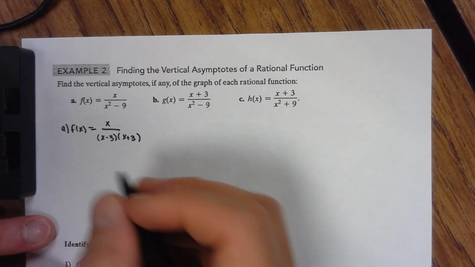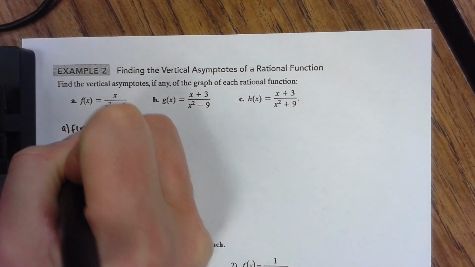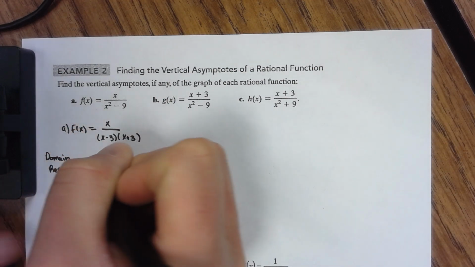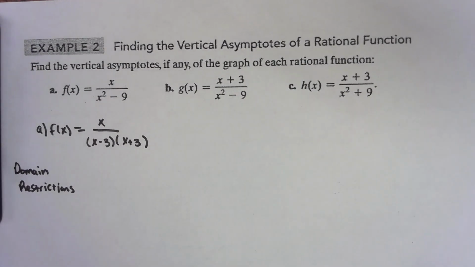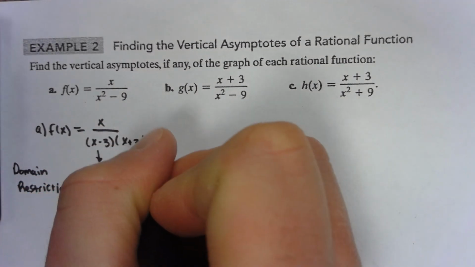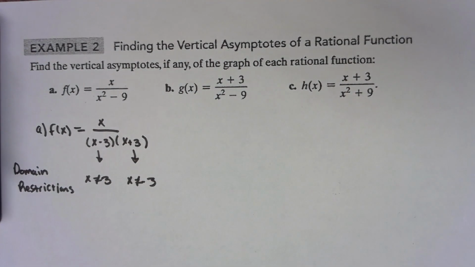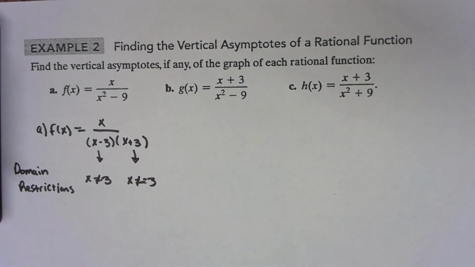So the discontinuities in our domain, or we'll call them domain restrictions, are that x cannot equal 3 and that x cannot equal negative 3. Sorry, that's a negative. It kind of blends in with the equal sign there. So 3 and negative 3 are domain restrictions.